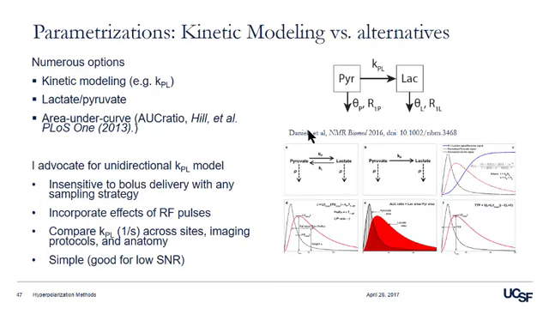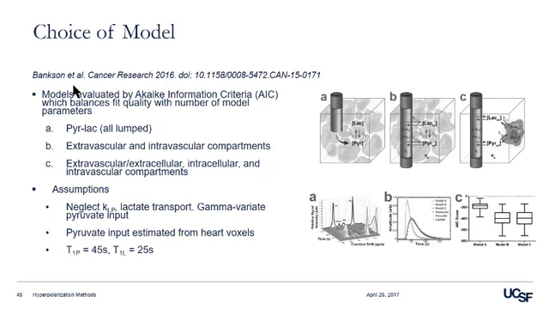In addition, this is a nice paper comparing some of these models, and this is another nice recent paper looking at how to choose a kinetic model. You can make it more biologically accurate, probably. In this case, part C, where you'd have a vascular component within a voxel, an extravascular, extracellular, and then an intracellular compartment.